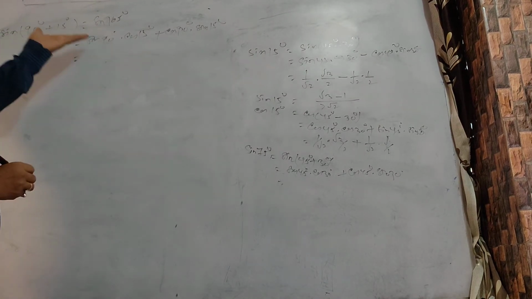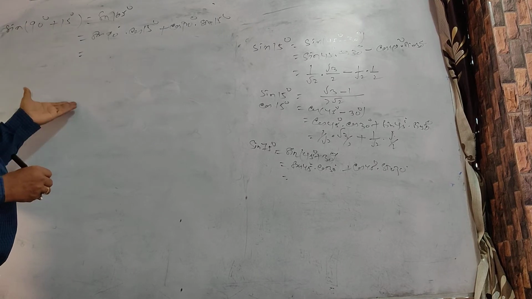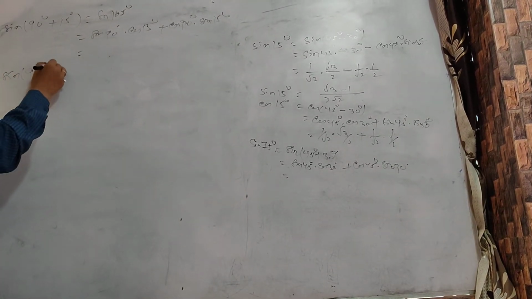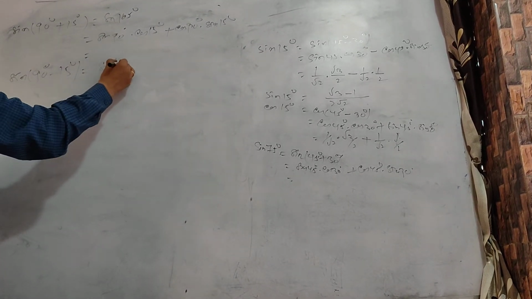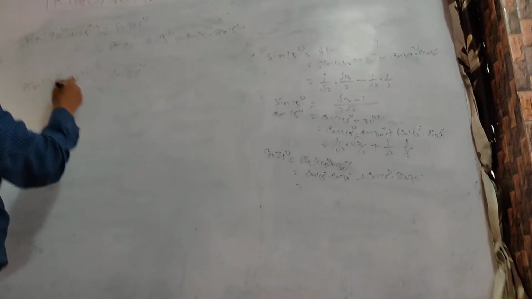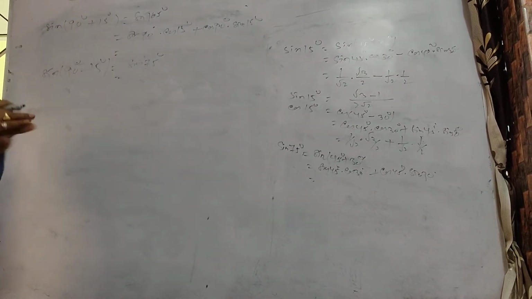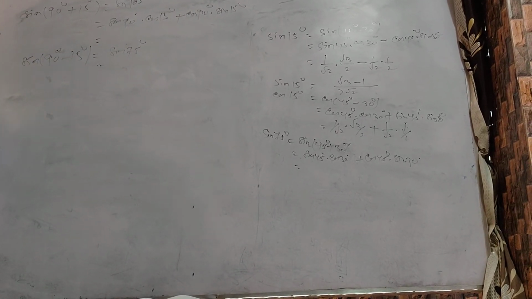Either with this expansion or sin(90 degree plus theta), you can get the result. Similarly, you can find sin(90 degree minus 15 degree), which is equal to sin 75 degree. With the expansion of this, you can find sin 75 degree, sin 105 degree, and other results will also be obtained.